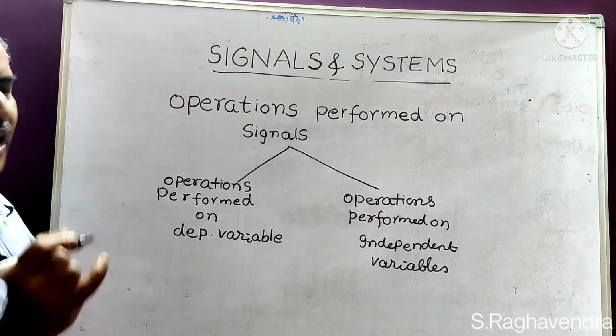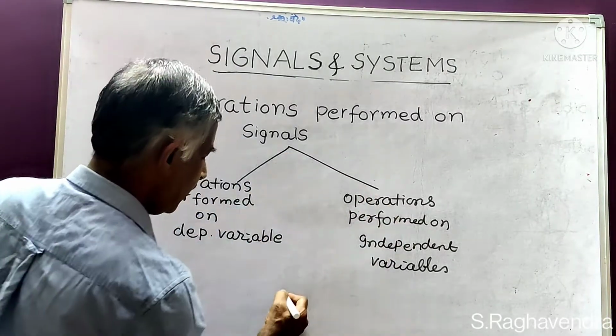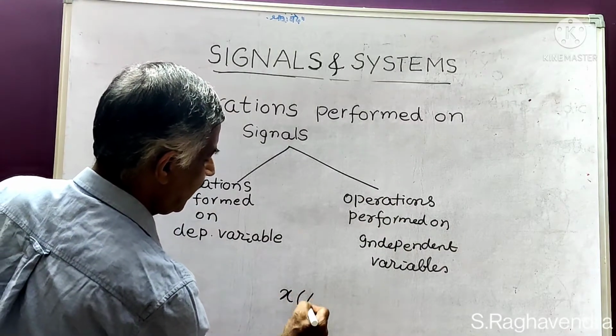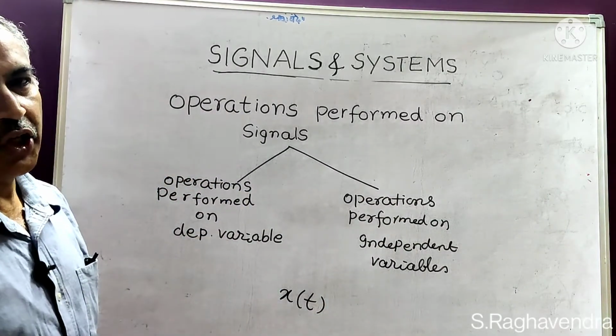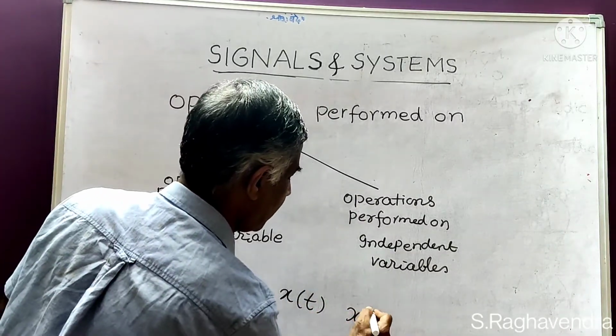First, you take the signal. We know that if the signal is continuous time, it is x of t. Otherwise, for a discrete signal, it is x of n.